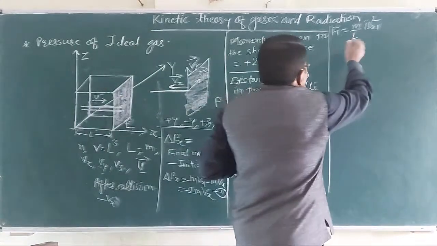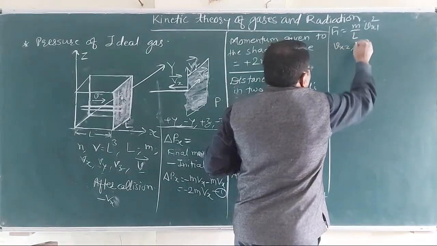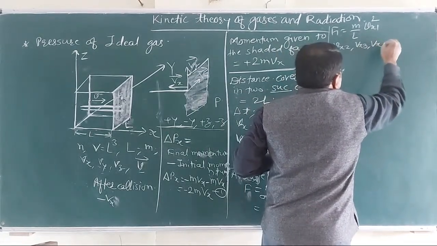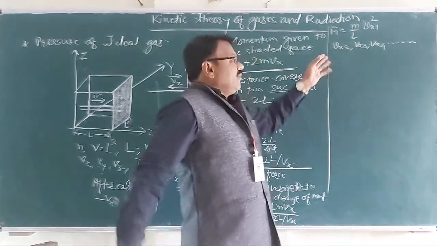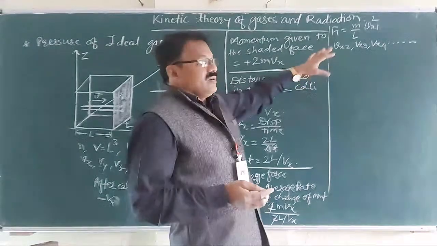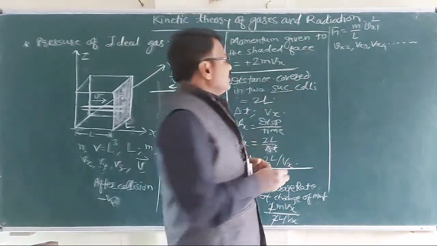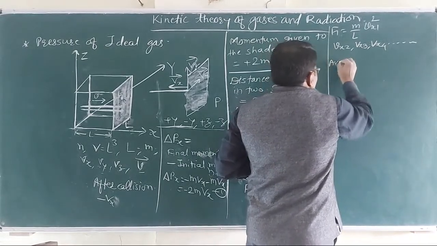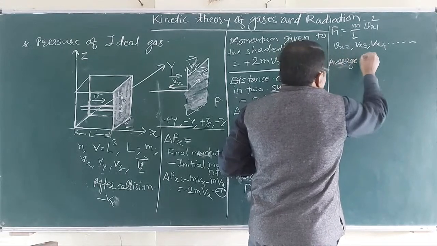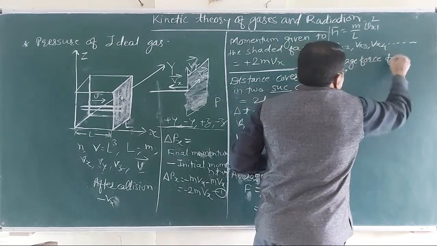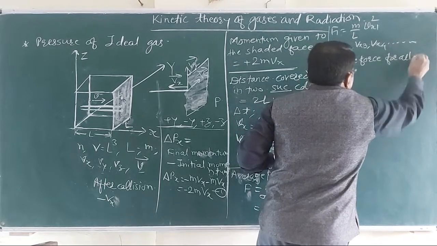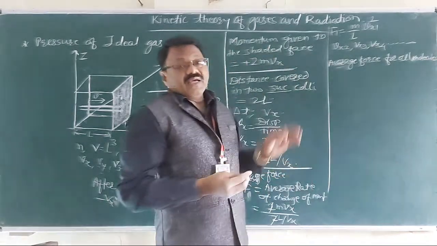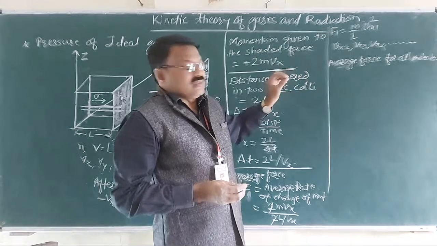Now for other molecules, Vx1, Vx2, Vx3, Vx4 are the x components of the velocities. For all molecules, we get the average force, which is the average of the x components for all molecules.